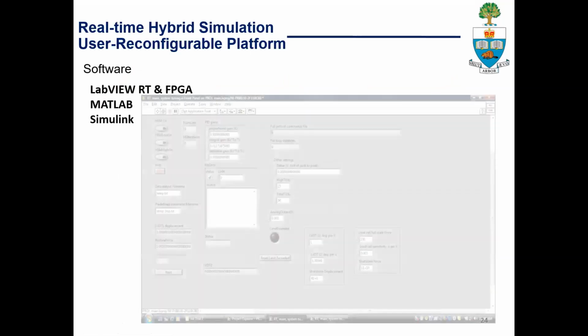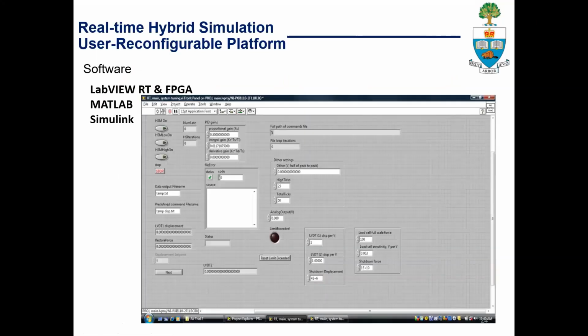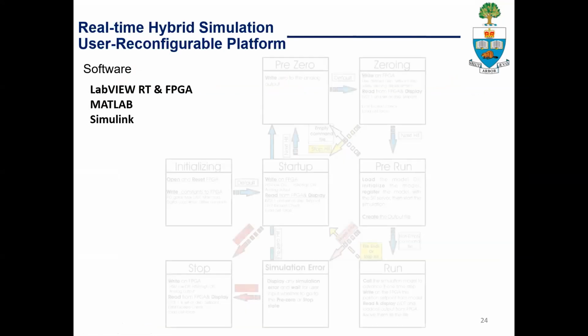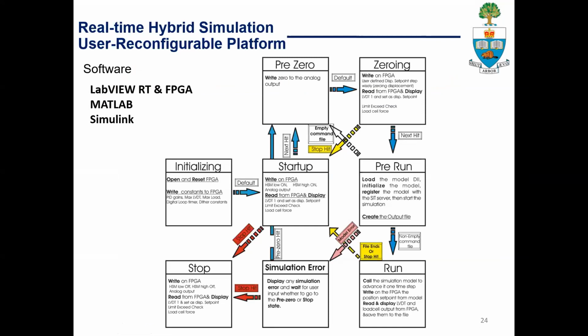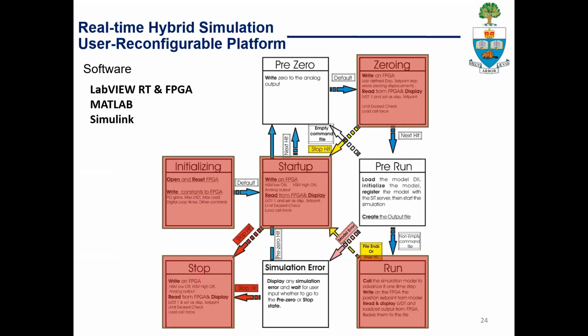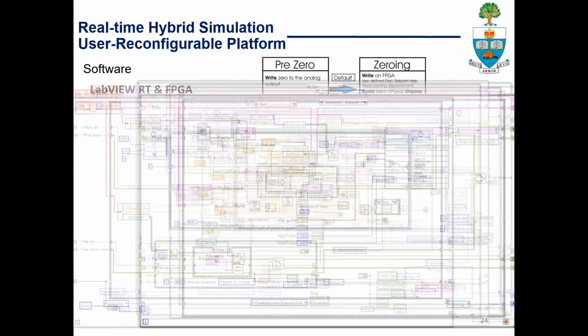So we have this user interface. At the background, we used a technique called state machine, which is a programming technique in LabVIEW. So we separated the tasks into different states, and for each of these, we developed a LabVIEW code and we connect them together.